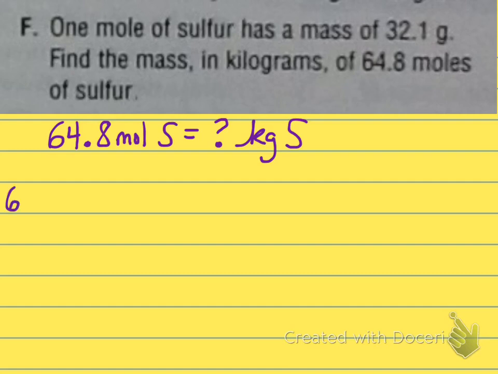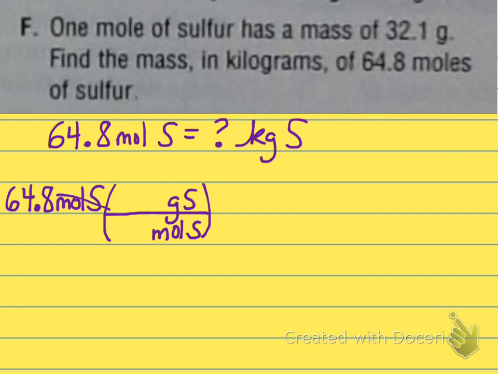So again, I still start with my given, which is 64.8 moles of sulfur. Here, I'm going to use a tool from my toolkit because I know moles of sulfur to grams of sulfur, that's my molar mass. And then grams of sulfur to kilograms of sulfur, that's within the metric system.